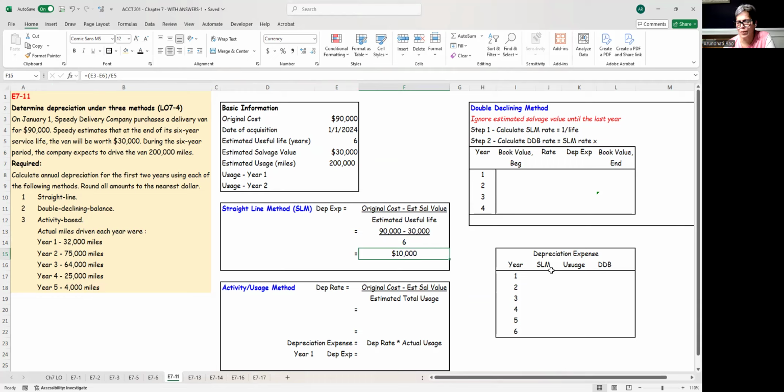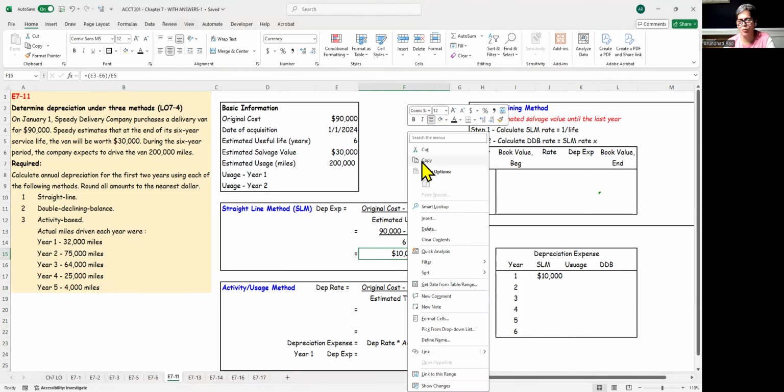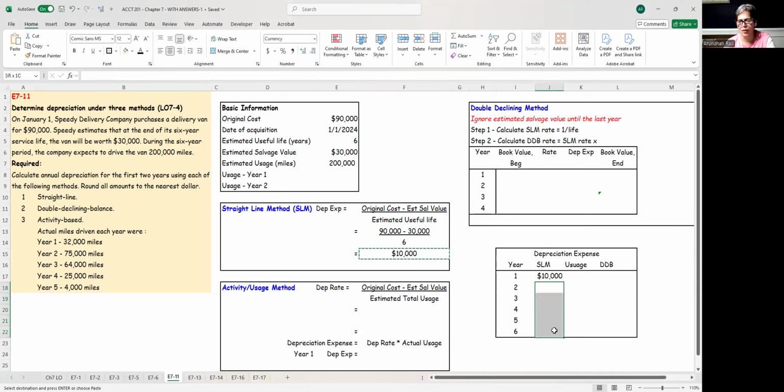So here I have a table set up where I'll write down my depreciation. So each year, my depreciation expense is going to be $10,000. So this $10,000, I'm going to copy the number over and put it over here. Oops, actually, that is not a good idea, copying the numbers because of cell referencing.